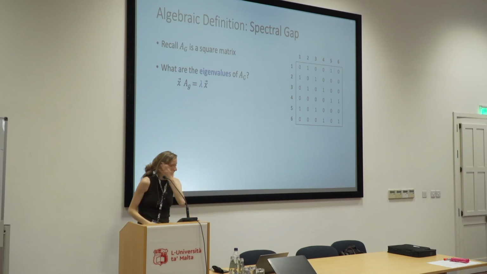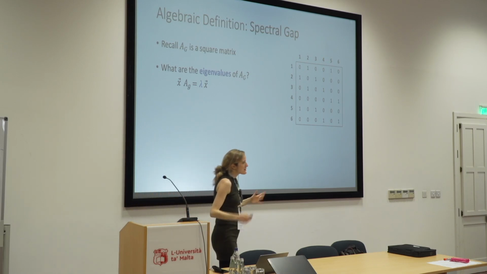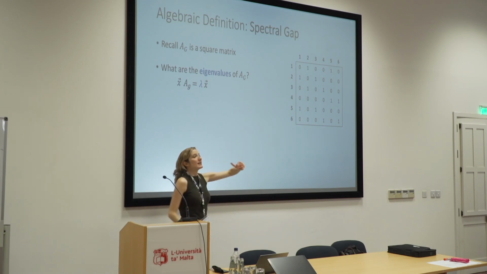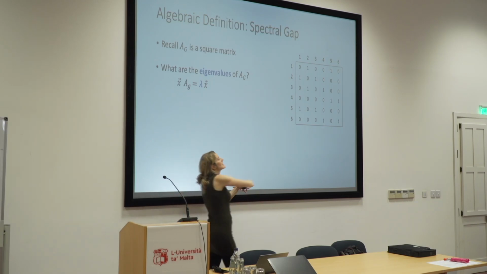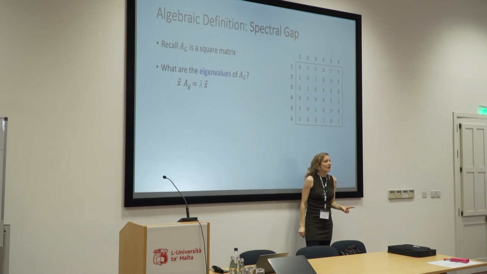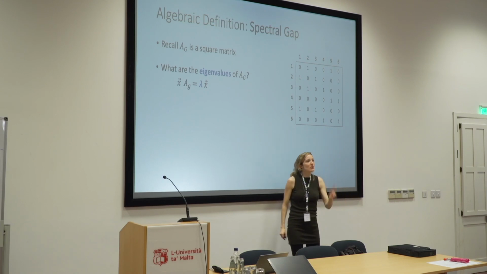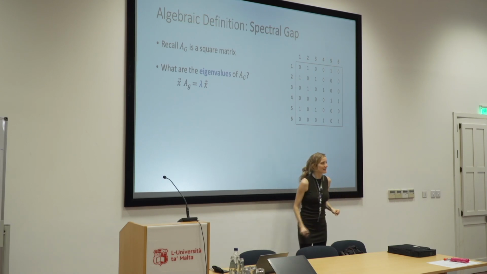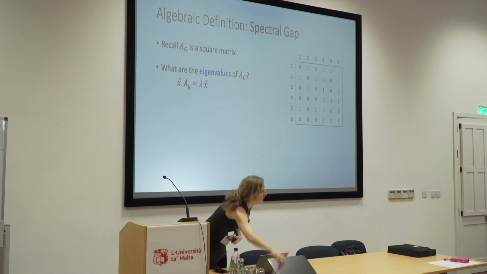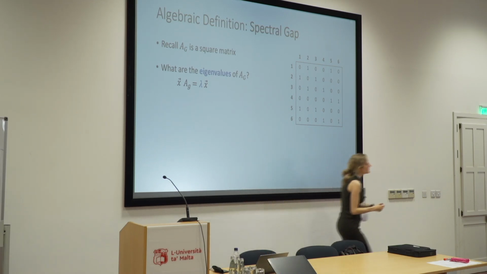So it's maybe a bit of an odd question. Let me claim to you that without knowing anything about the graph, except that it's d-regular, we actually already know one eigenvalue of this matrix. To do that, let me quickly go to the whiteboard.